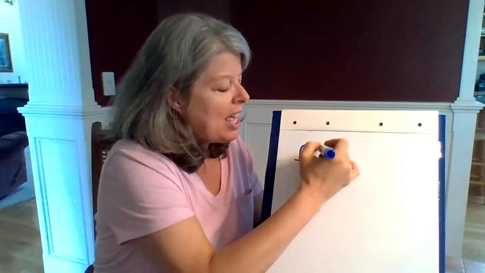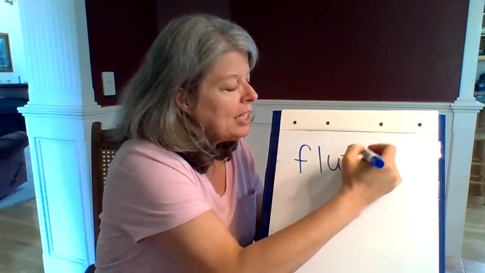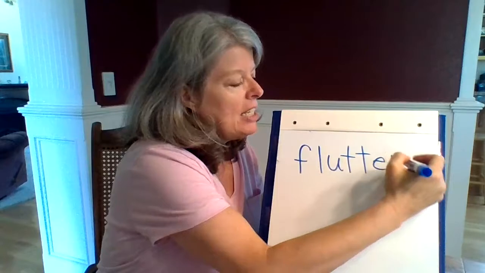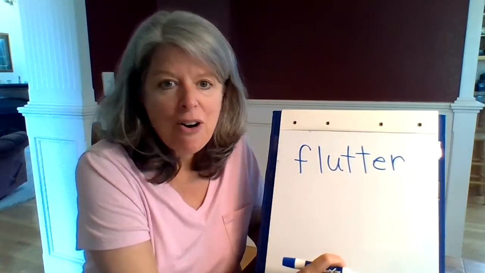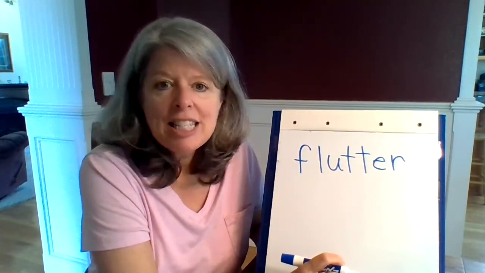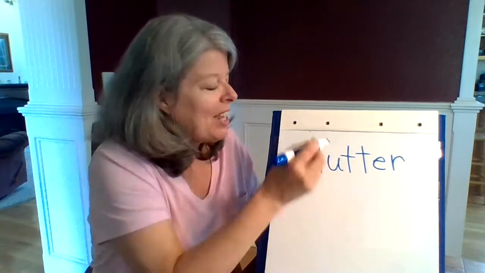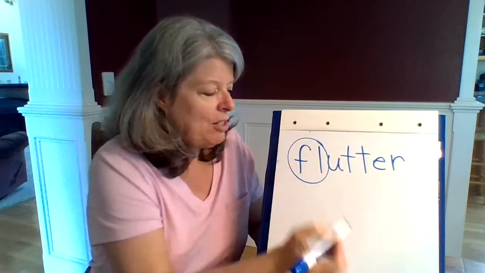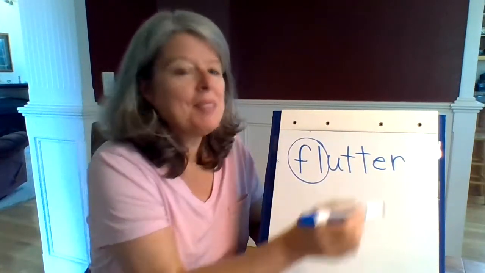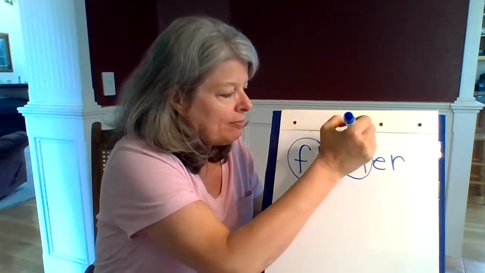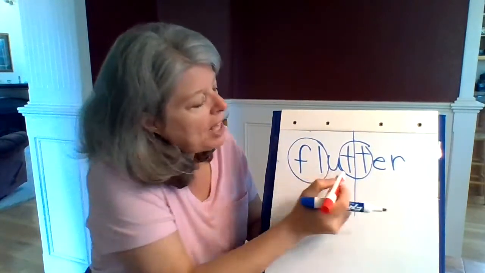All right, write these letters down. F, L, U, T, T, E, R. All right, what consonant blends can we circle? F-L. Do you see a double letter? Circle it, divide, underline your vowels.